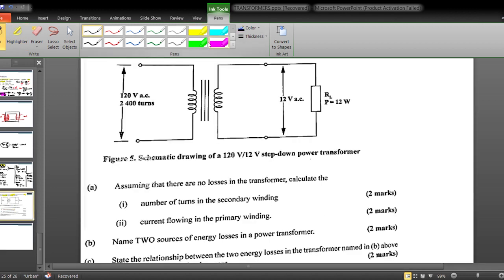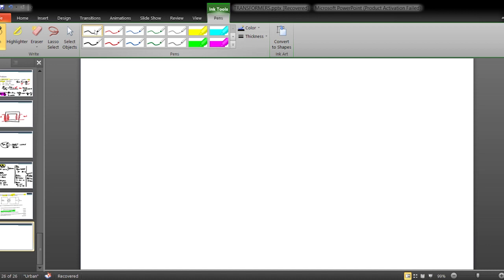Now we are going to take a look at B, finding the current flowing in the primary winding. Let's write down the information from the question. We know that voltage VP is equal to 120 volts. We know that VS is equal to 12 volts.